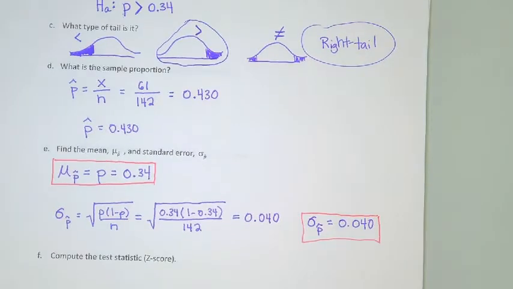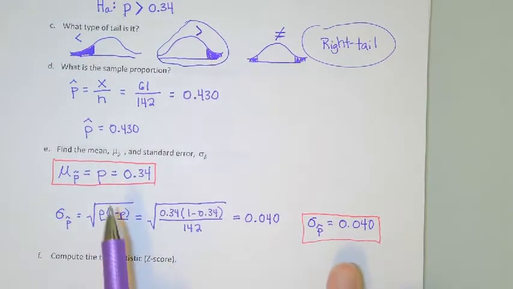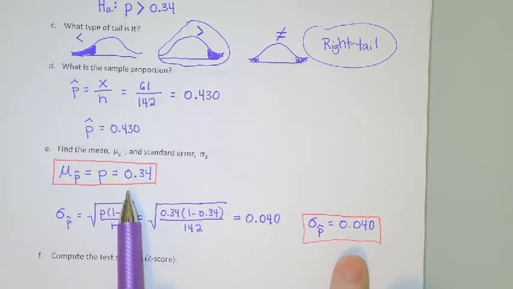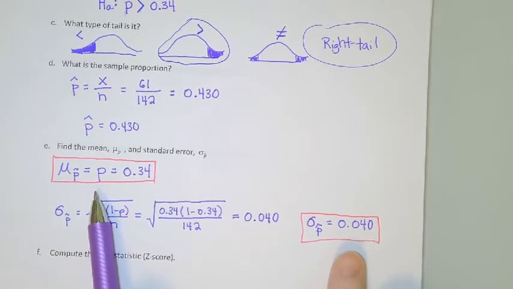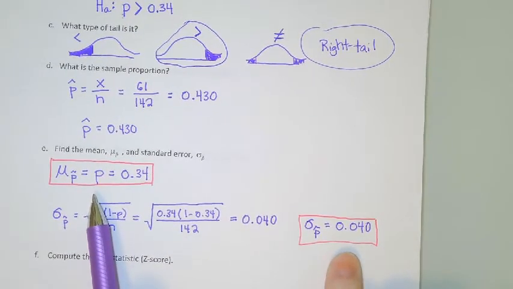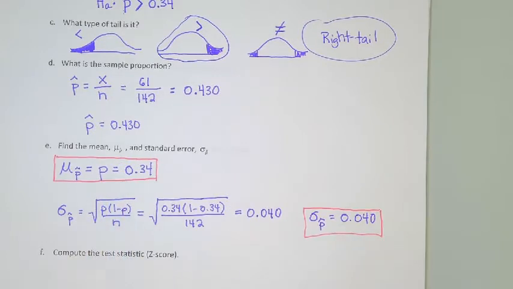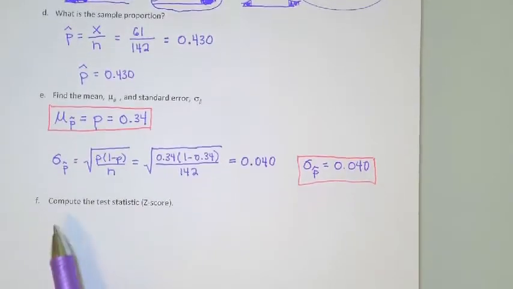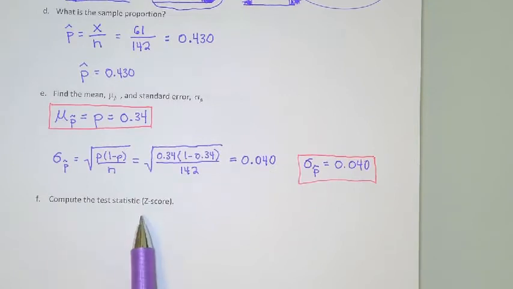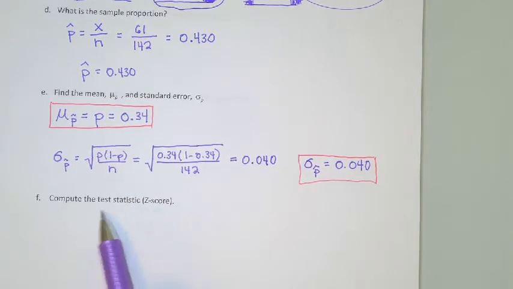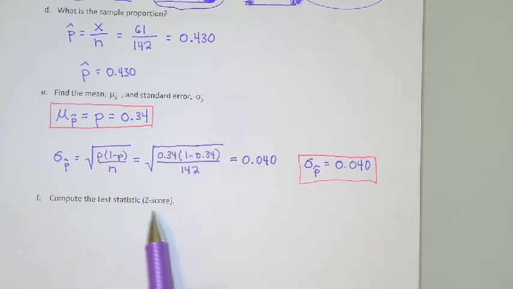Okay. So it was important to find these two values, the mean and the standard error, because we're going to need both of those values as well as the sample proportion to compute our test statistic, which is the next step here, F. So in parentheses behind test statistic, it says z-score.